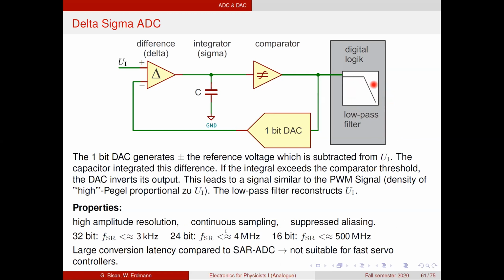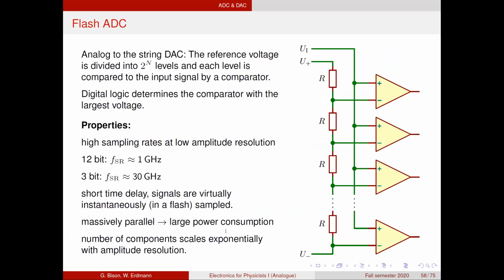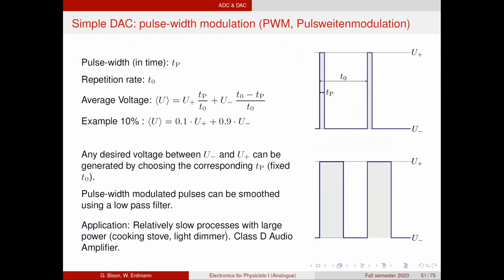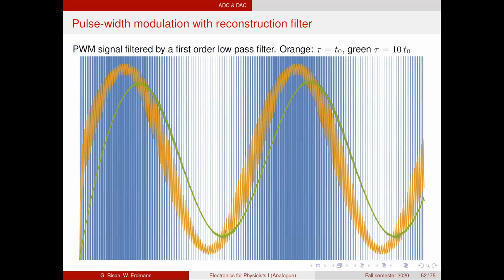Because we need this digital filter, the sigma delta ADC has a large conversion delay. We've seen this already in the example here, that if we have a pulse train and we use in this case an analog filter to regenerate our nice signal, it's mathematically exactly the same in the sigma delta ADC, where we have this pulse train.